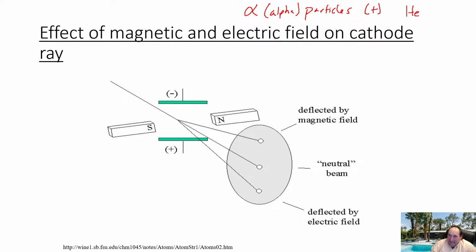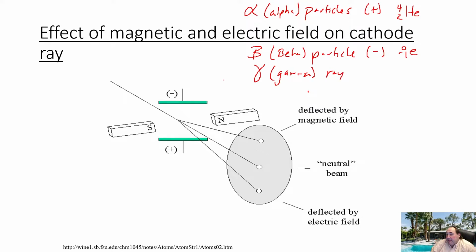They're really like the helium nucleus. There were also beta particles. Beta particles were radioactive particles that were negatively charged. They're basically like an electron. And there are also gamma rays. Gamma rays are basically just pure energy. They have really no charge.